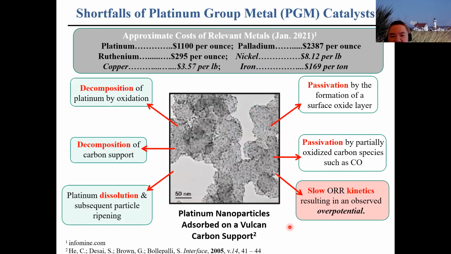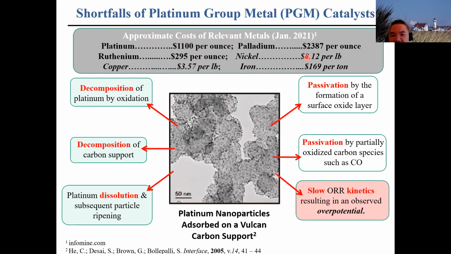Now, the problem with platinum is that it's extremely expensive: $1,100 per ounce. So one of the things that my group, amongst many others, would like to do is replace platinum with things like nickel or copper or iron, which are much cheaper. There's a big difference between platinum, at about $1,100 per ounce, versus nickel, which is $8 per pound.